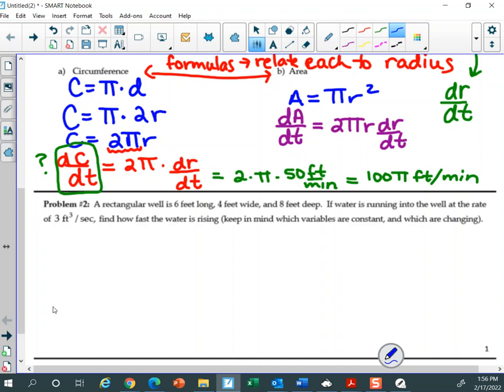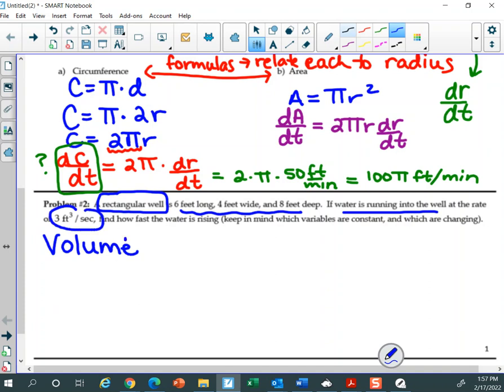So, I'm talking about this rectangular tank, box, well, whatever we want to talk about. And water is running into it, and we've got this measure. All of this information is suggesting that this is a question about volume. Additionally, check out that rate.